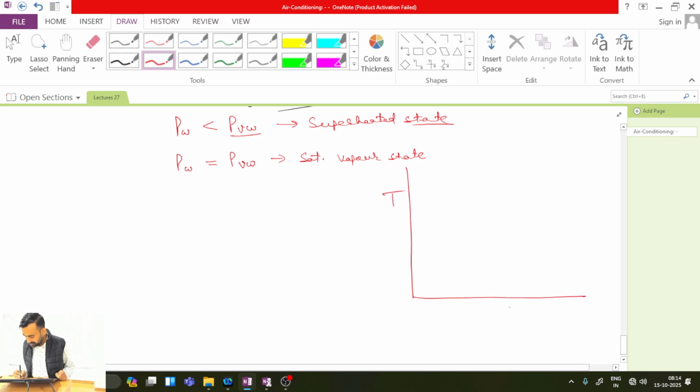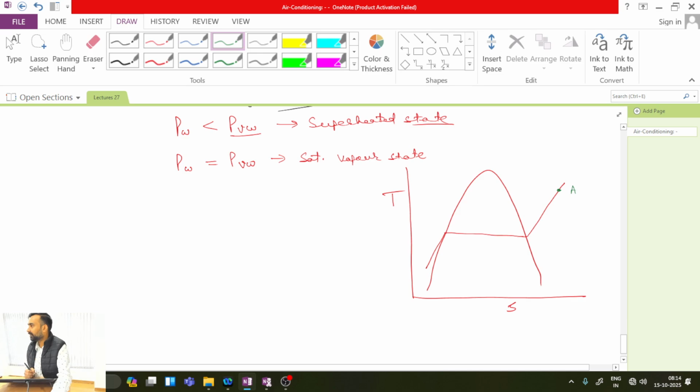So what it means is, if I represent water vapor on a TS diagram, and say this is my constant pressure line. At this constant pressure line, if I am at this particular state A, then in state A my pressure is PW.